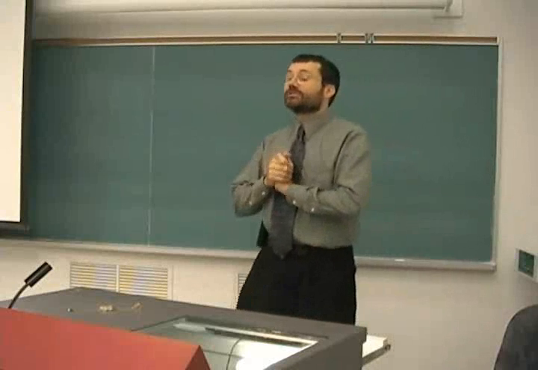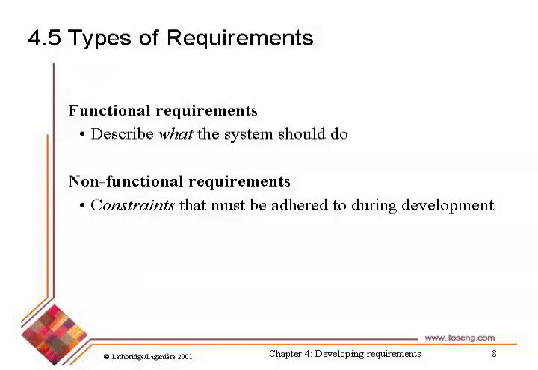Two types of requirements, functional, non-functional. Some people are moving away from this term non-functional and just calling them design constraints or constraints. But the standard terminology that's been around for many years is functional versus non-functional. Functional requirements are the key requirements describing what the system will do.